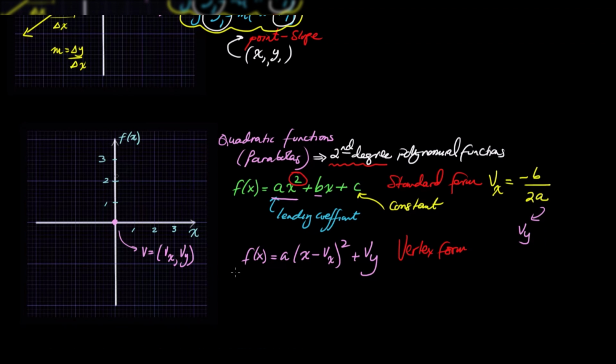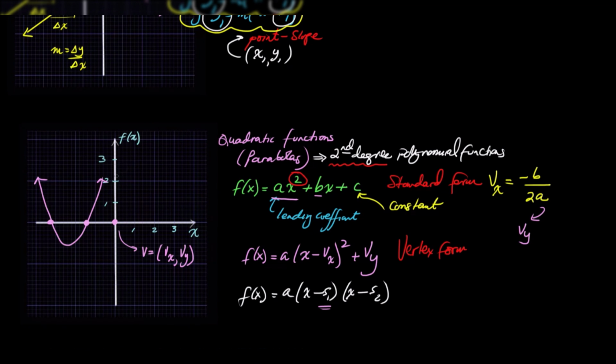And that's very useful. And the third form is the x-intercept form: a times the quantity x minus s1 times the quantity x minus s2. This one gives you the two x-intercepts. So here's a parabola, and those are the two x-intercepts. If it has x-intercepts, and here's a parabola that has no x-intercepts, right?